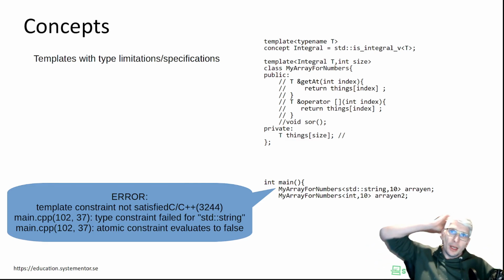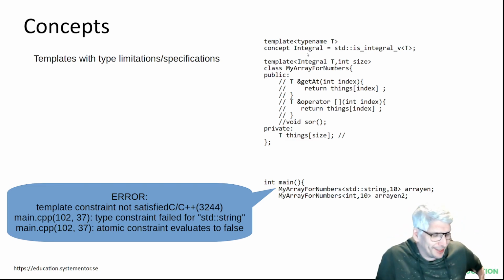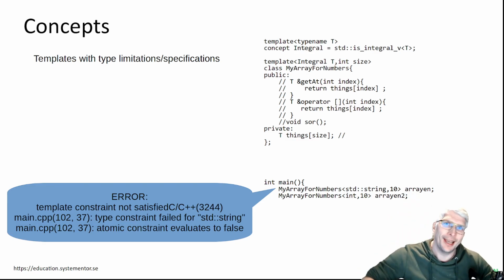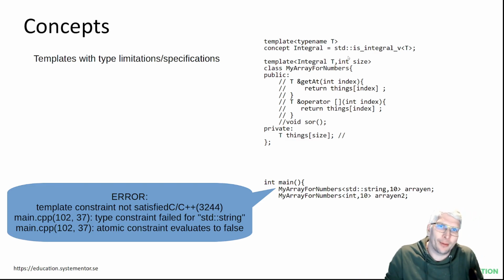As you can see, we are creating a concept called integral. It's an integer value, and actually we haven't talked about this, but in the standard library there are a lot of type check functions. Is this a float? Is this an integer? Is it a pointer?